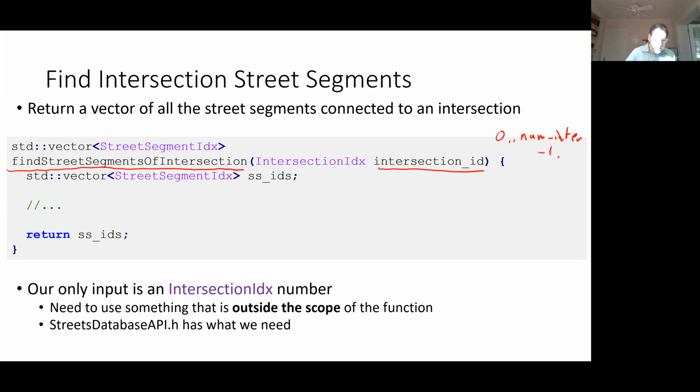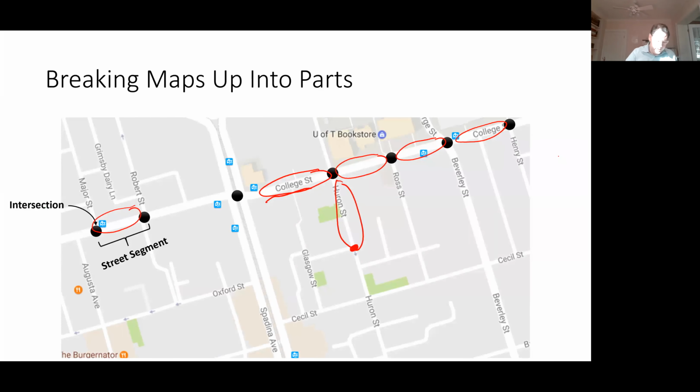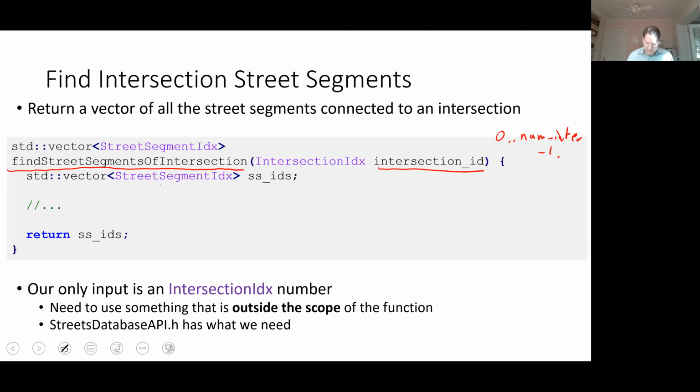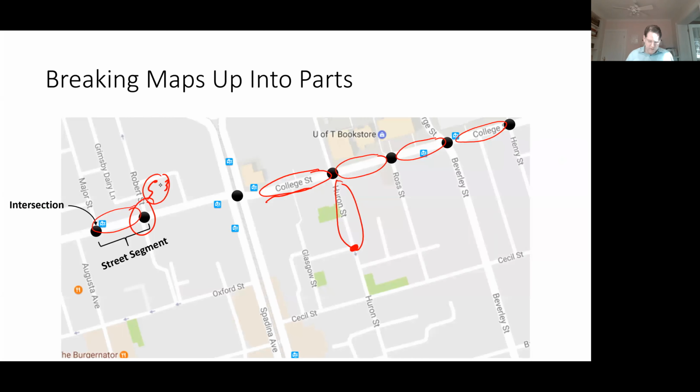And given that ID, that's going to refer to one of these intersections. So maybe it refers to this one. If we passed in ID 53, it might refer to that intersection. But it's some specific intersection for any integer that we pass in. And we have to return a vector of street segment indices. So each of these street segment indices also has an ID.